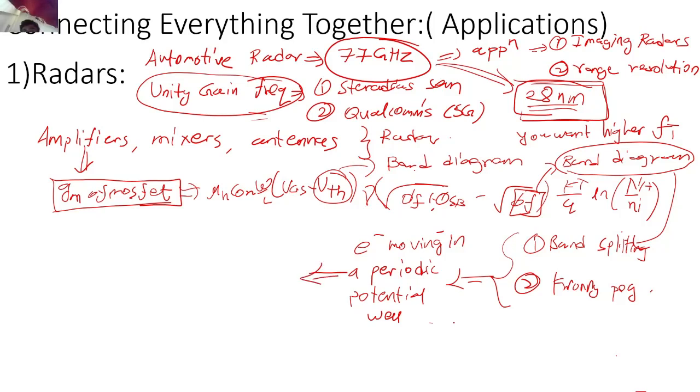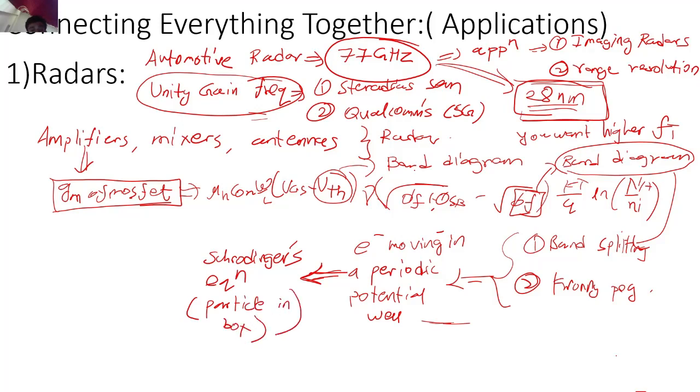The solution of this gave you the Kronig-Penney model. The basis of assuming that the electron is moving in a potential well came from the Schrodinger's equation, and from where exactly, it came from the particle in a box concept. You are getting the flow, right?